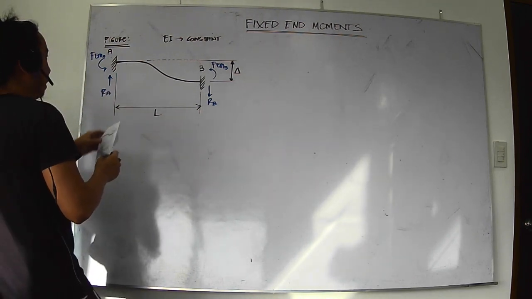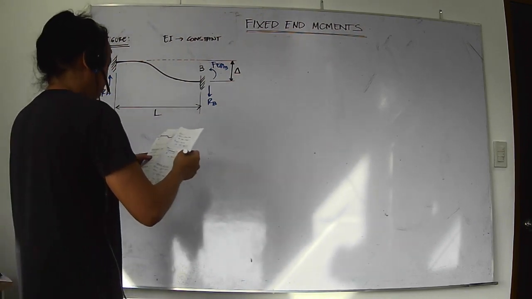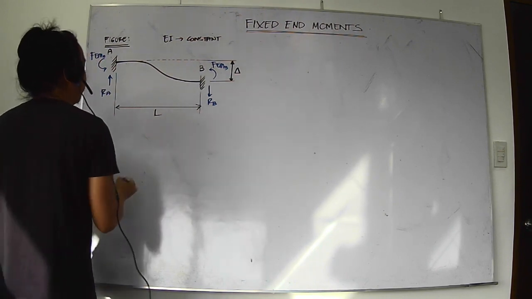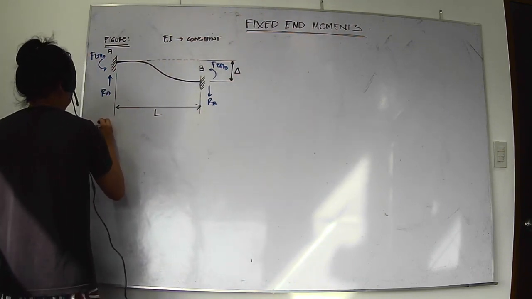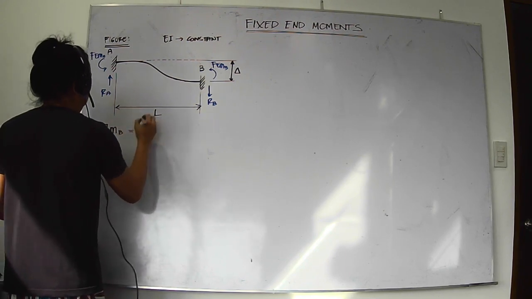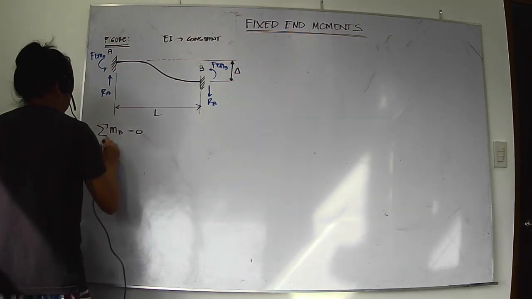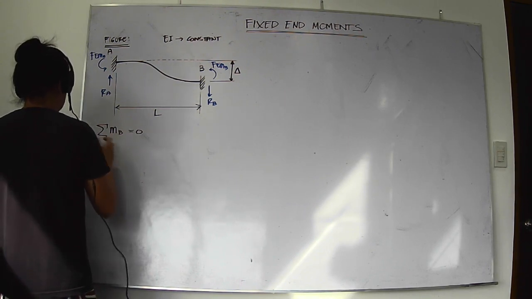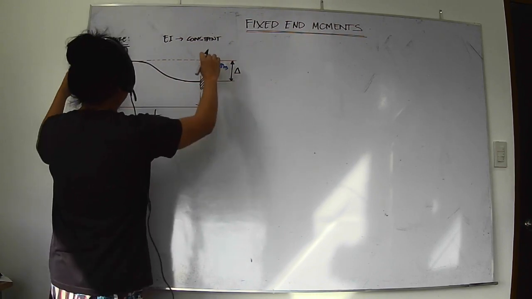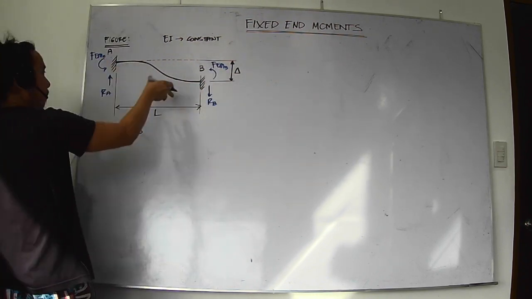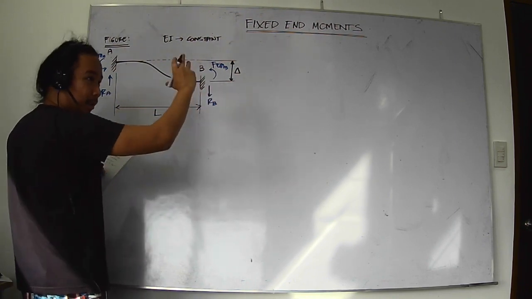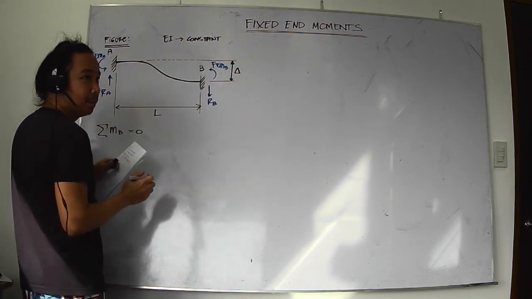I would like to solve for the moment at B. Summing up moments at B equals 0. We have FEMA, FEMB counterclockwise, and RA clockwise.